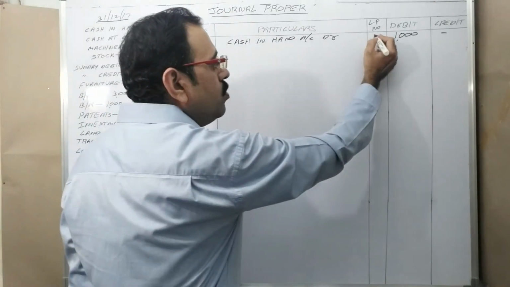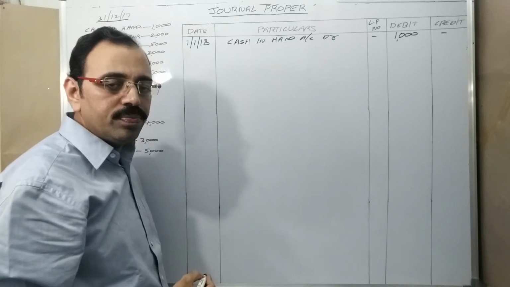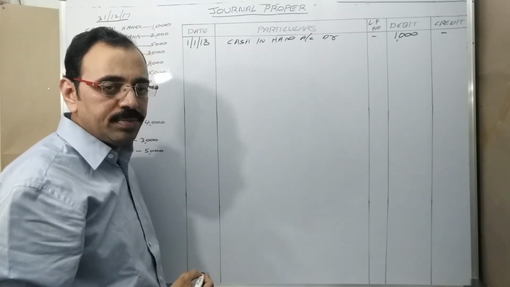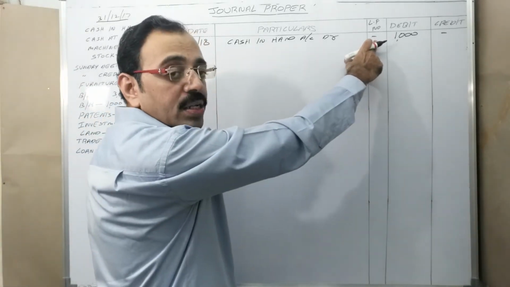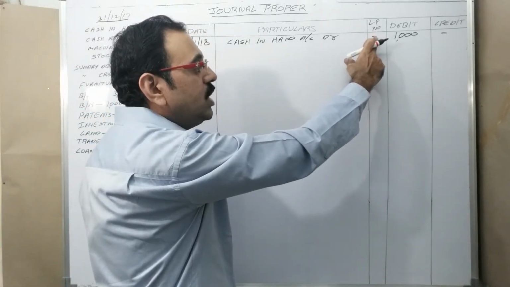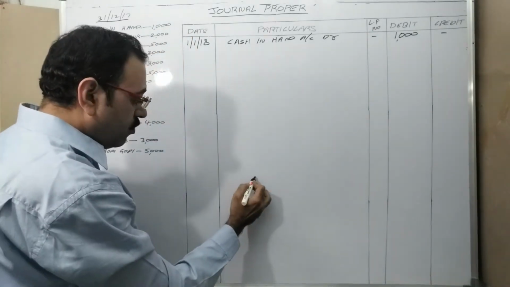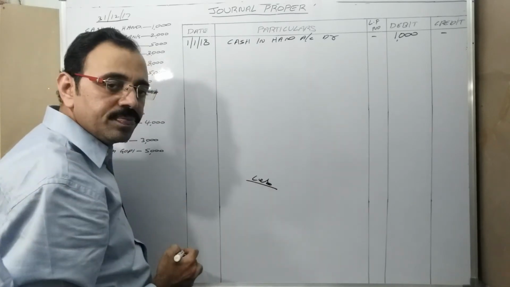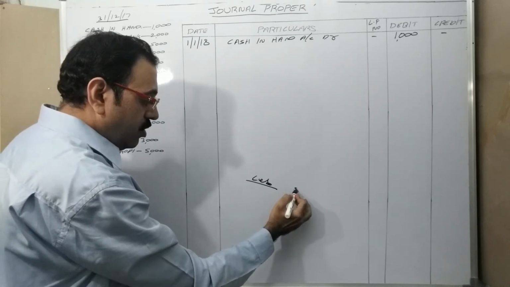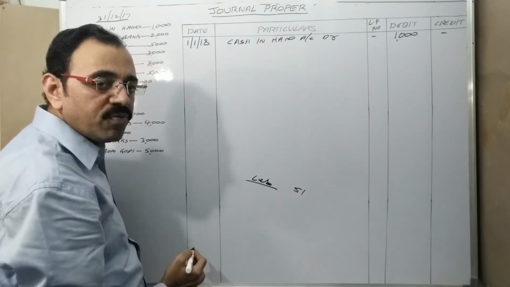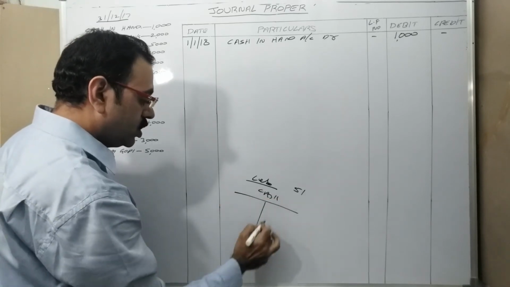In the LF number column, don't write anything. LF stands for ledger folio. Folio means page. Now, when you work in any organization, then that ledger page number we should write here. Suppose we are preparing a ledger. The ledger contains all accounts. In page 51 of this ledger book, we prepared the cash account.